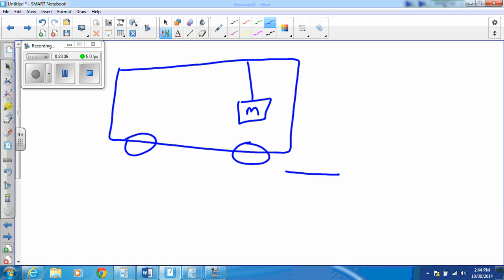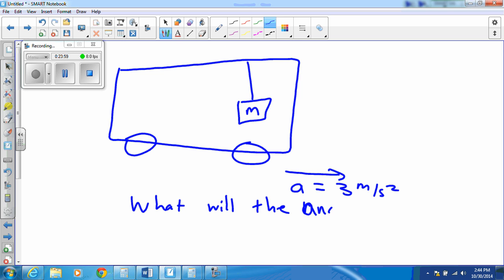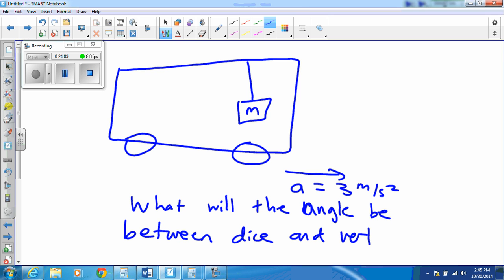Now, the car is going to accelerate at a rate of 3 meters per second squared. All of us have enough experience with this to know that when that happens, the fuzzy dice are going to swing back like that, right? So we want to know what is the angle between the fuzzy dice and the vertical.